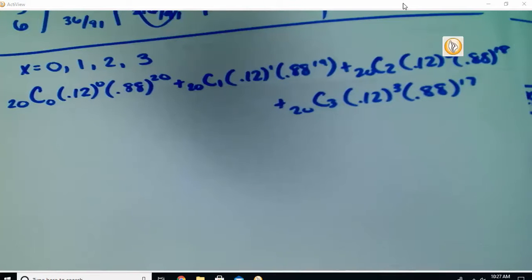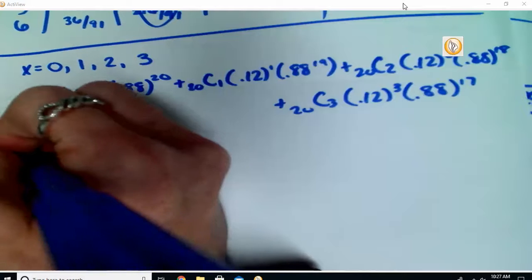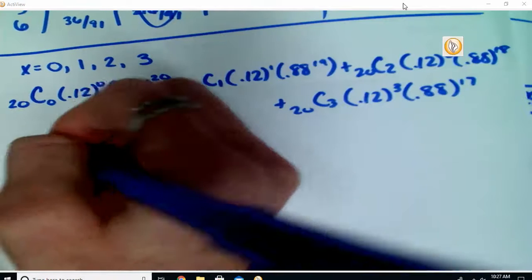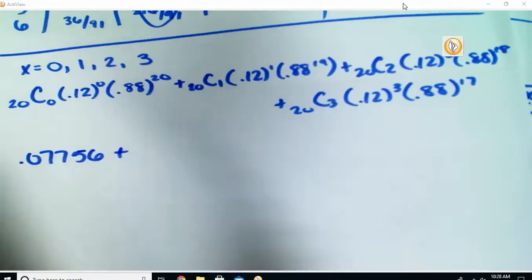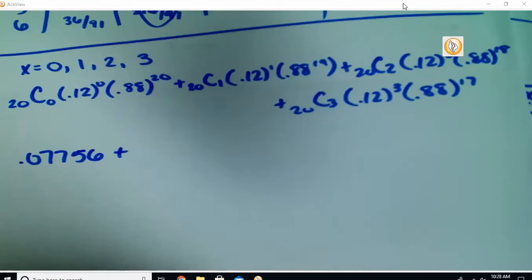So then you can do 20 choose 0, 0.12 to the 0, 0.88 to the 20th. And I like to just hit second enter and bring it back up and change my exponents.